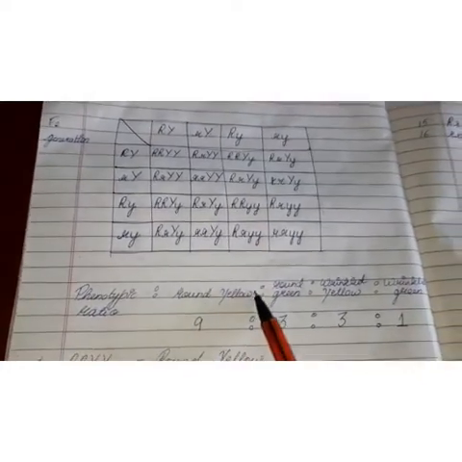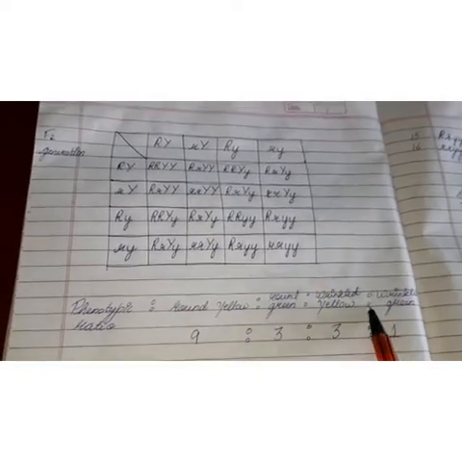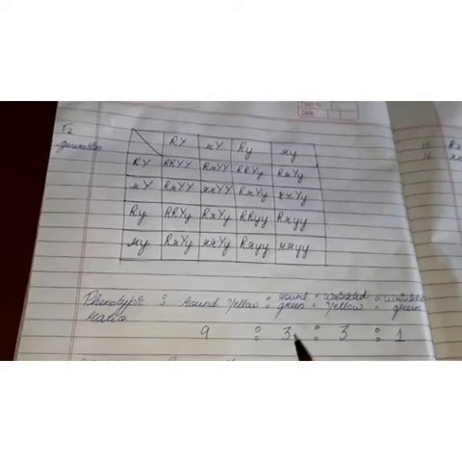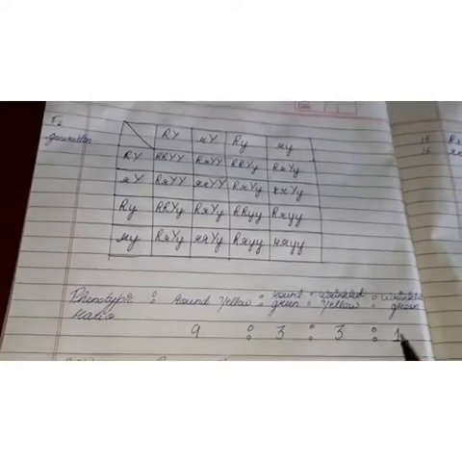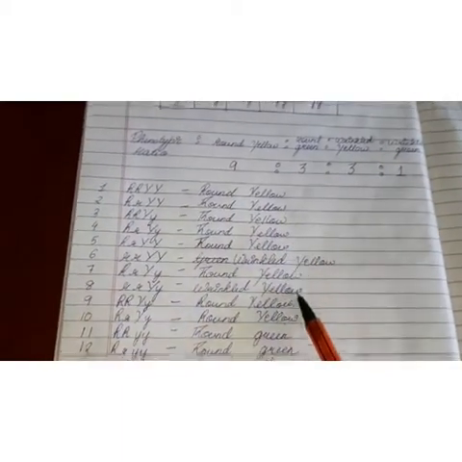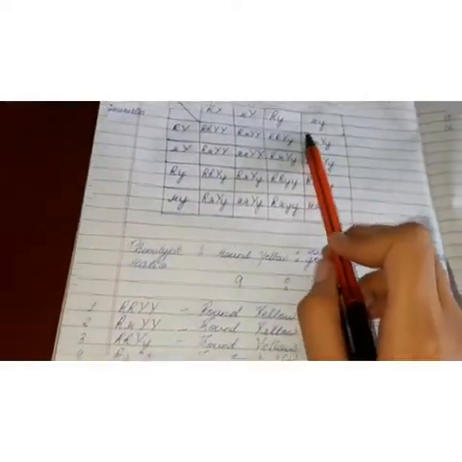Now the phenotypic ratio is round yellow is to round green is to wrinkled yellow is to wrinkled green. That is, the ratio would be 9:3:3:1. For your better understanding, I have written the phenotype of each and every genotype that we have obtained in this Punnett square.